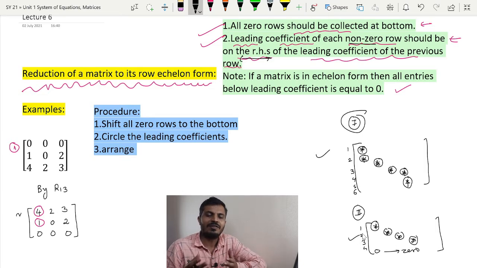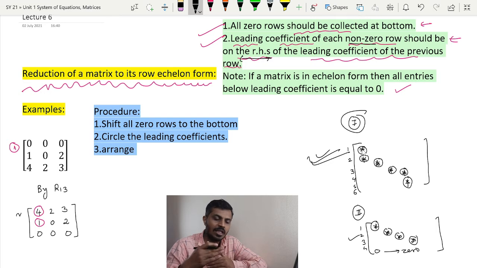But this beautiful example may not be there always. So once we do the arrangements, we may get such cases also. There may be some rows which have leading coefficients exactly below one another, as shown here.